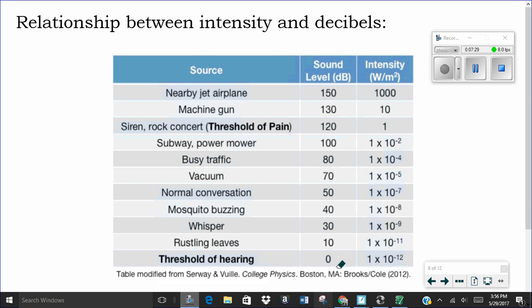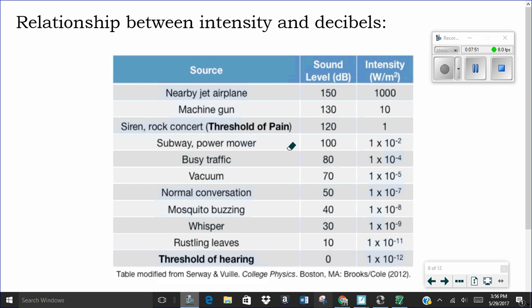As I increase in increments of 10 decibels, I end up increasing the intensity and the ability to hear that particular sound. So rustling leaves are down here at 10 decibels. The intensity that corresponds with this is 1 times 10 to the negative 11th.